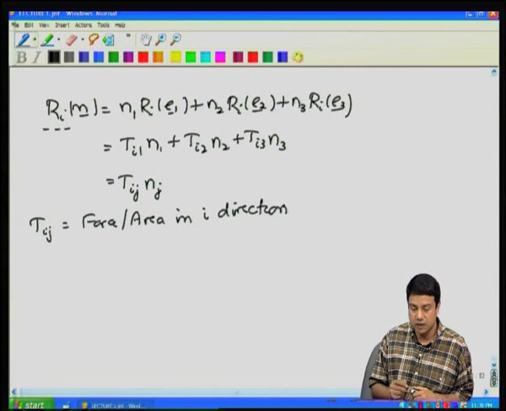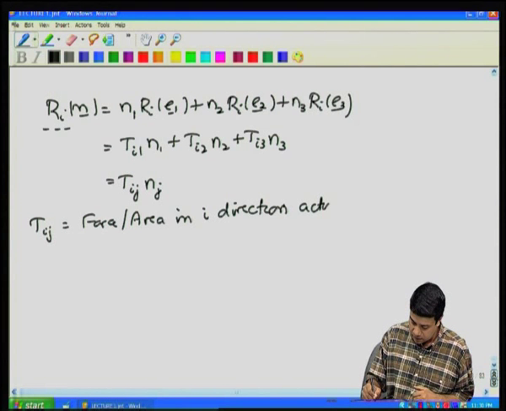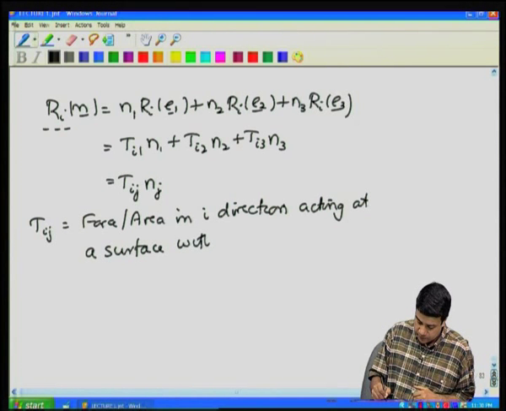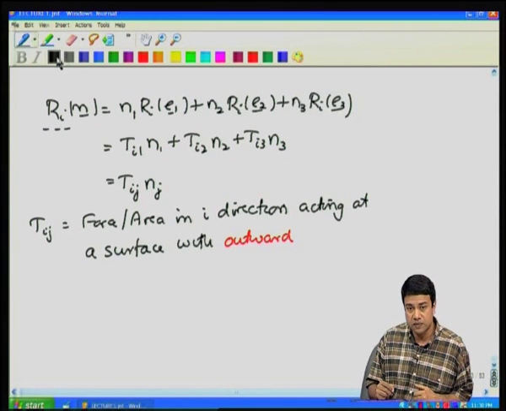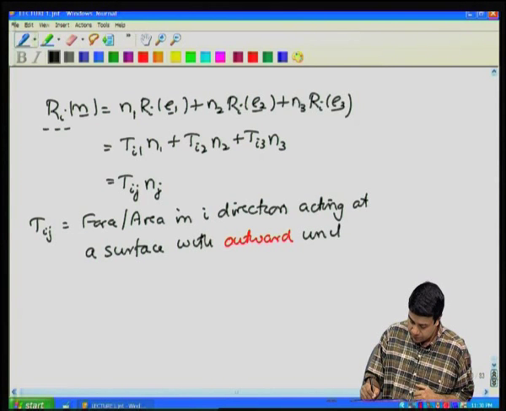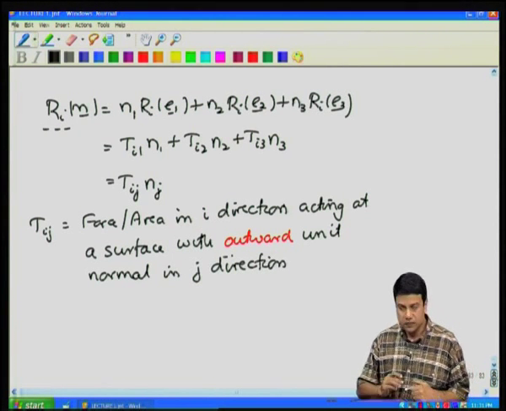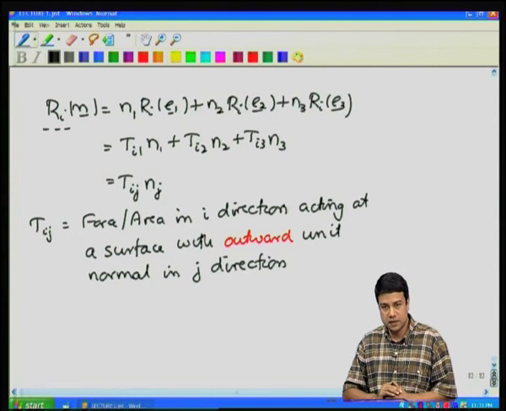Force per area in the i direction acting at a surface with outward unit normal in the j direction. Note that we have defined the forces with respect to outward unit normal in this. Okay. So, that is the stress tensor.